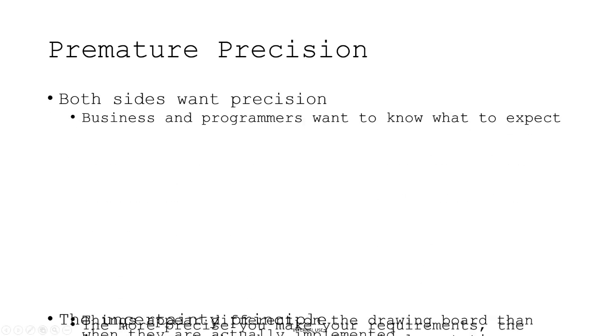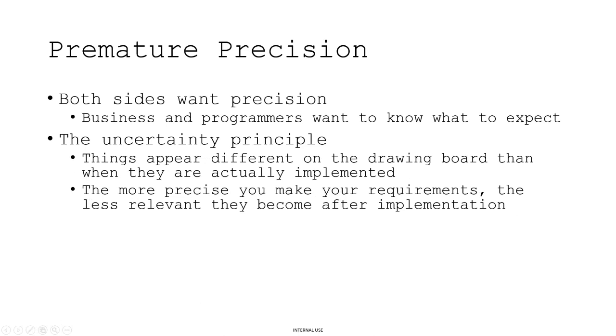So Uncle Bob talks about precision, and he talks about this death knell for both sides, which is premature precision, where you try to precisely articulate exactly what you want in the beginning without knowing what to expect or without anything having even been built.